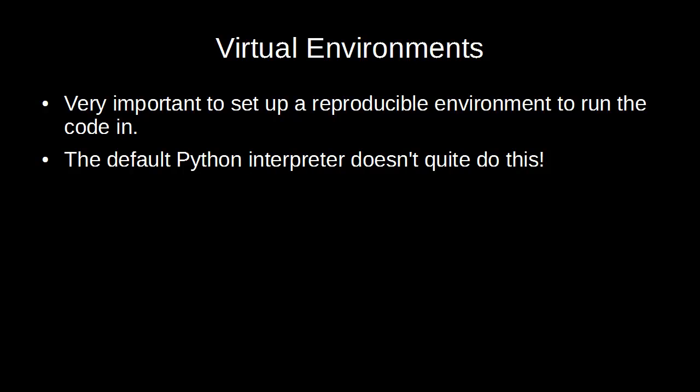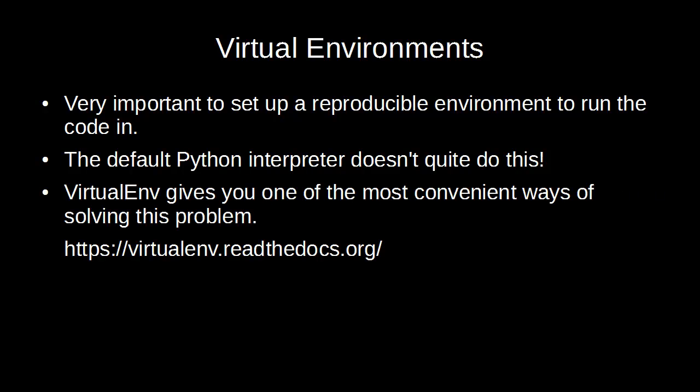But I don't think in most cases that's the right way to go about doing things, because sure, you'll keep an environment that's the same by setting up a virtual box and just leaving it, but Python has some better ways of dealing with this problem. Of those different ways, virtualenv is probably the most convenient. It's one of the easiest ones to deal with, so I've left a link there, and let's have a little look at how you would actually set one of them up.